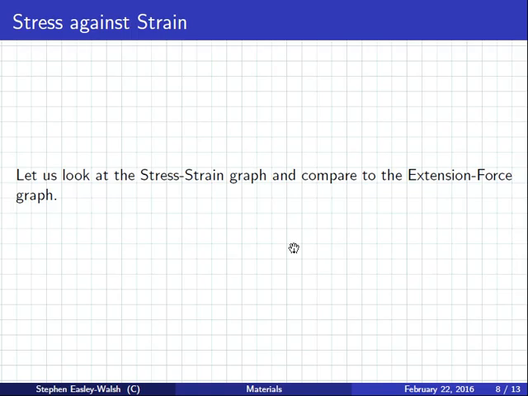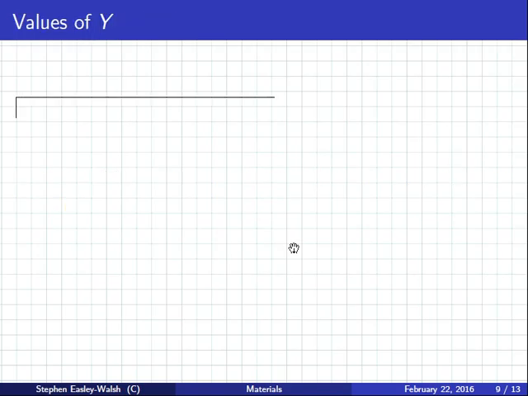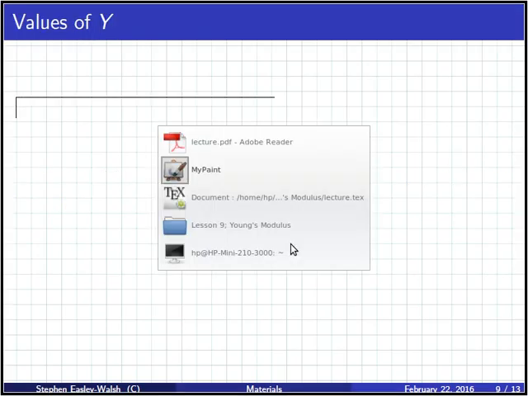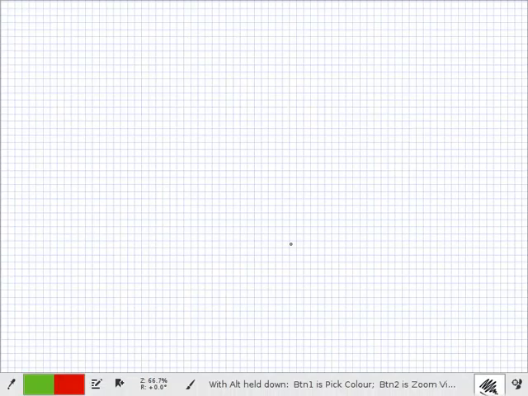Right, let's have a look at a graph of stress against strain. Okay, so let me draw the graph here. Let's say you have something, I'll do purple. This is a piece of steel, and what you do is you put some weights on it.